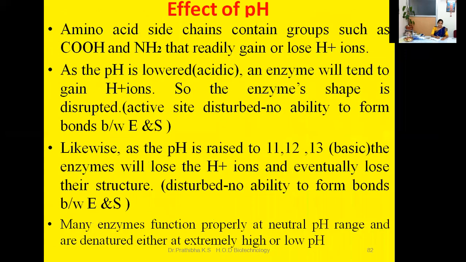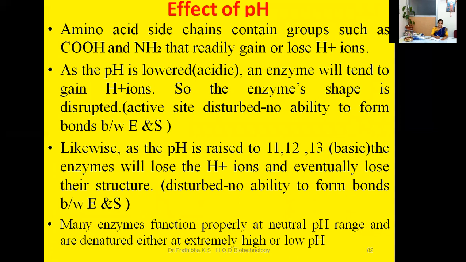Okay, now further continuation, the example of effect of pH. Amino acid chains contain groups such as COOH and NH2 that readily gain or lose H+ ions.